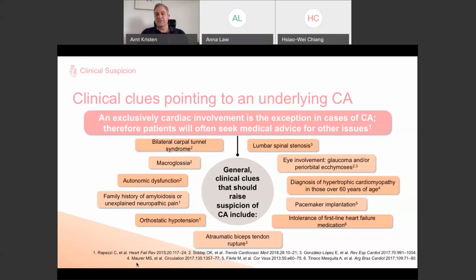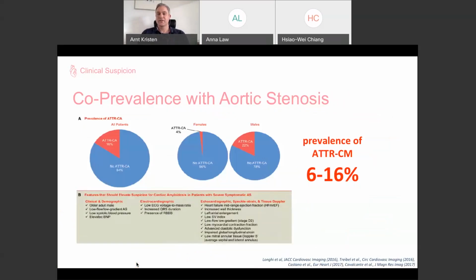So in general, there are some other typical diseases that are associated with cardiac amyloidosis. For example, the aortic stenosis in older patients. There's a high co-prevalence of aortic stenosis and wild-type TTR-CM.